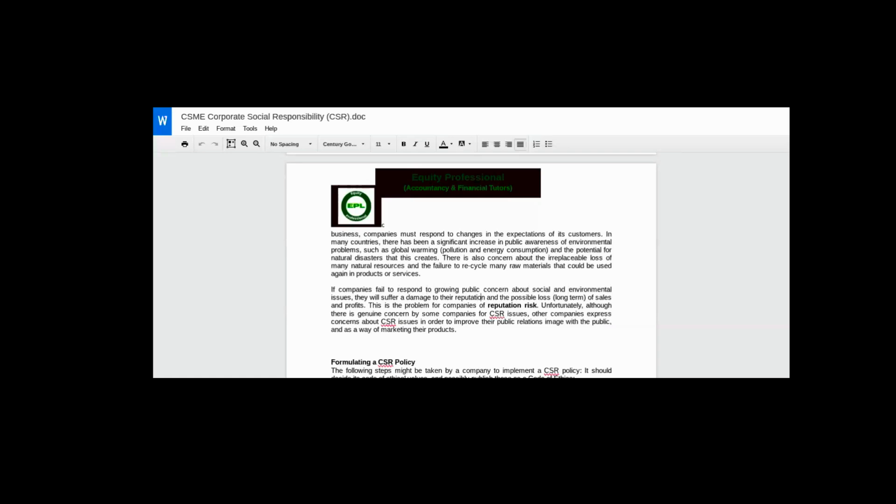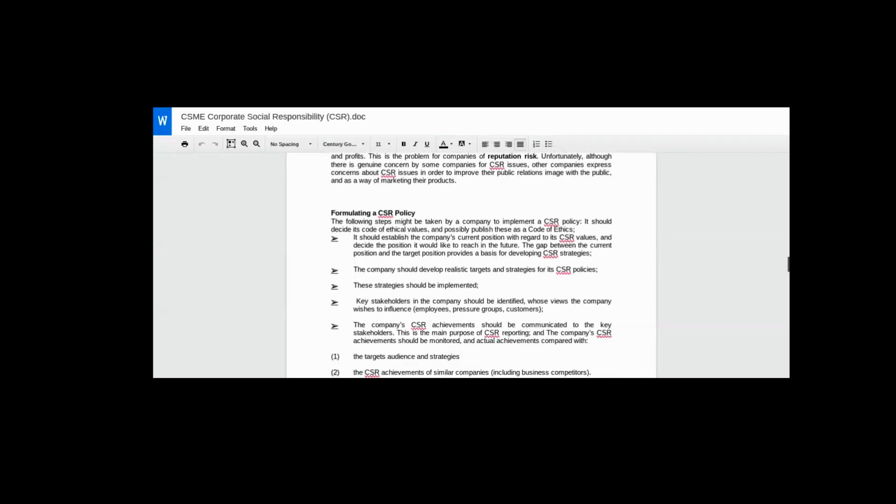They suffer damage to their reputation and possible loss in the long term. What is that loss? Possible loss of sales and profits. So that tells you that CSR has significant effects on the company's performance.